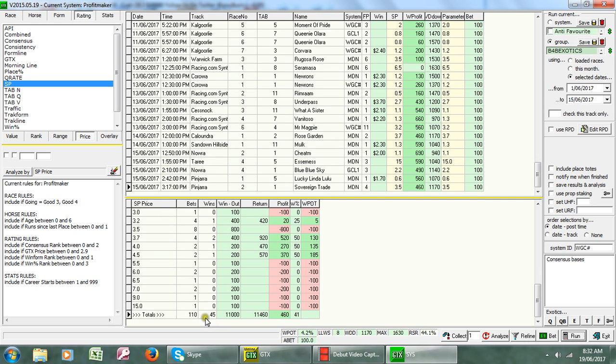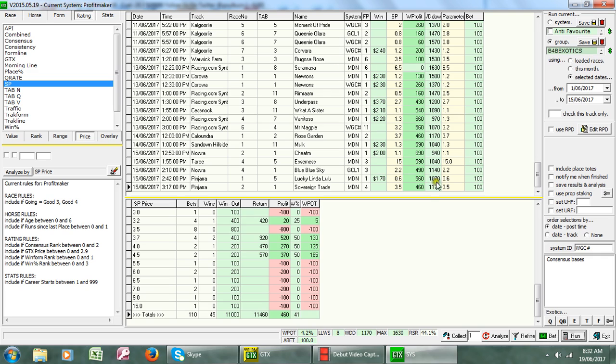So in other words, for those 45 winners, it's possible, if we got a half point extra with all those, as per that one, it's possible that we could have made another $2,000 profit for the month. So that goes to doing things on a smart basis and getting the best price about our selections.